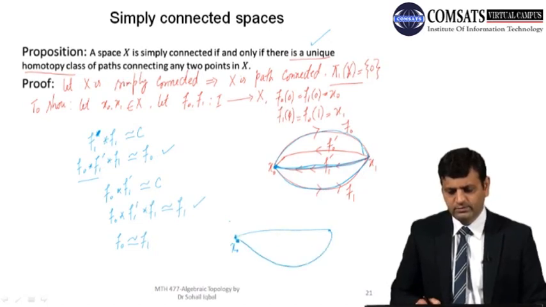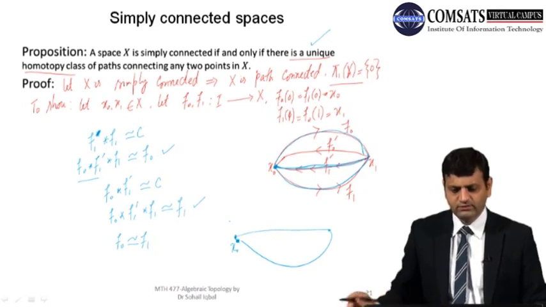So the set of all paths connecting x naught with itself, they are homotopic. So of course there is only one homotopy class of loops, which is the trivial one, so we can say that the space is simply connected.